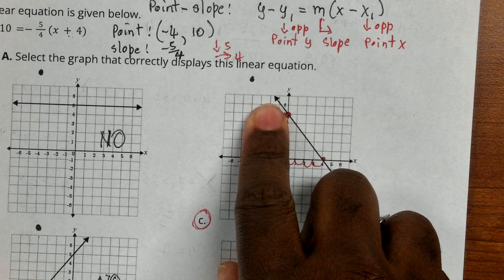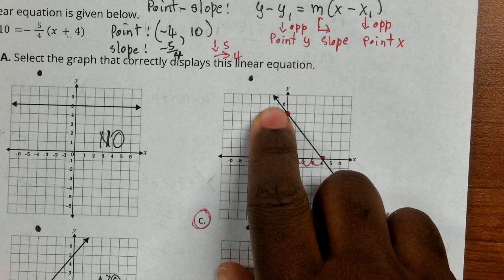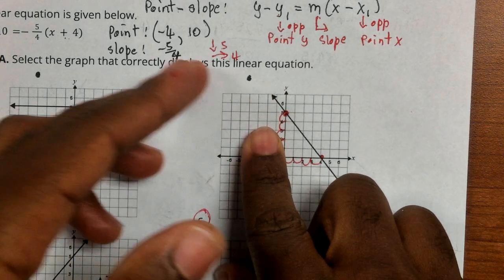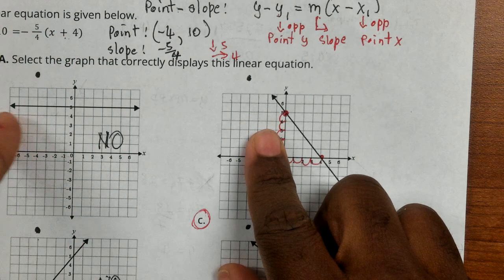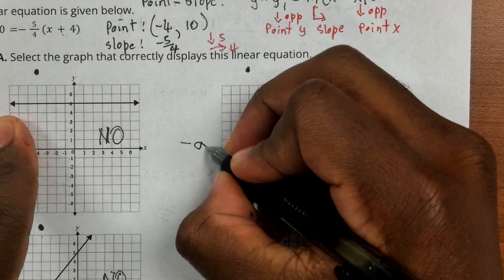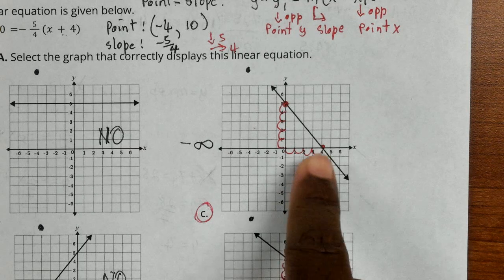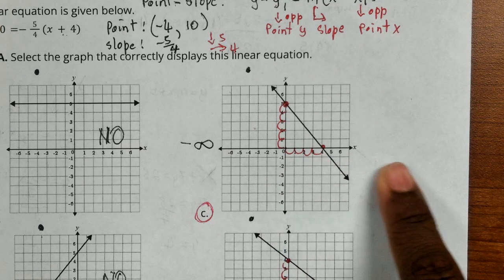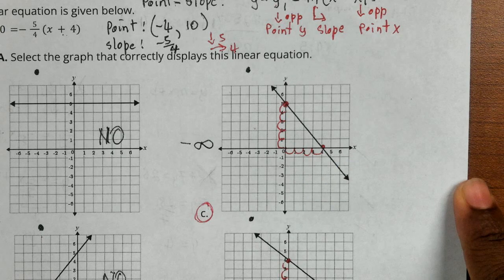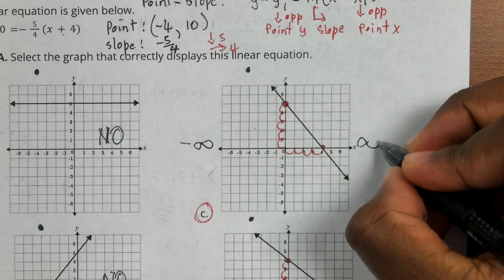Because I see an arrow at the end of this, I'm assuming that this is going on and on and on forever to the left, and it's going to negative infinity. Because there's an arrow right here on the right side, if it was supposed to be bigger and bigger and bigger, it would also go on and on forever to positive infinity.